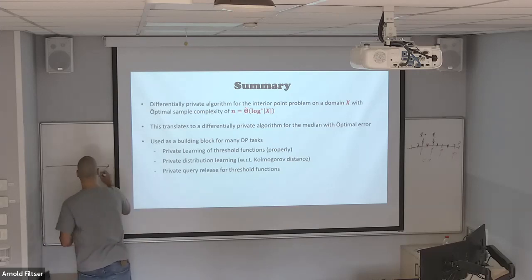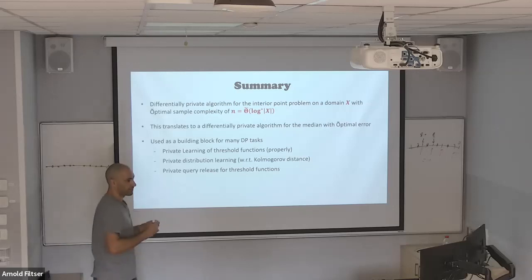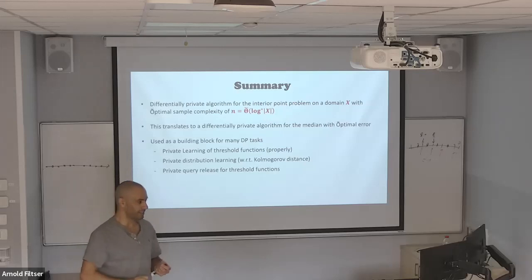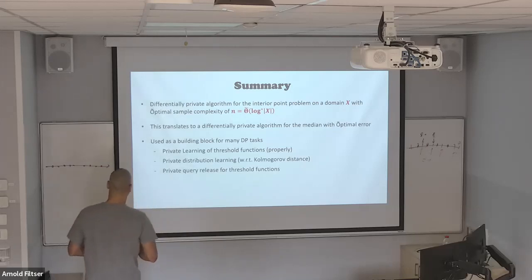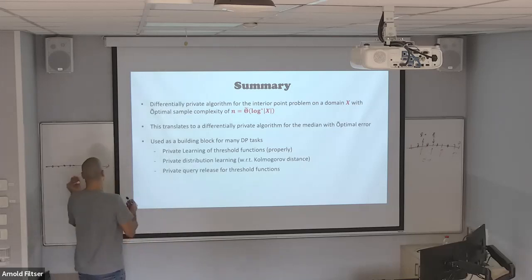Your input points on the line are labeled by either 1 or 0. You have these points sampled from some distribution, and you want to come up with a classifier that, when I give you a new sample, allows you to predict its color. So in this context, it's roughly the same.